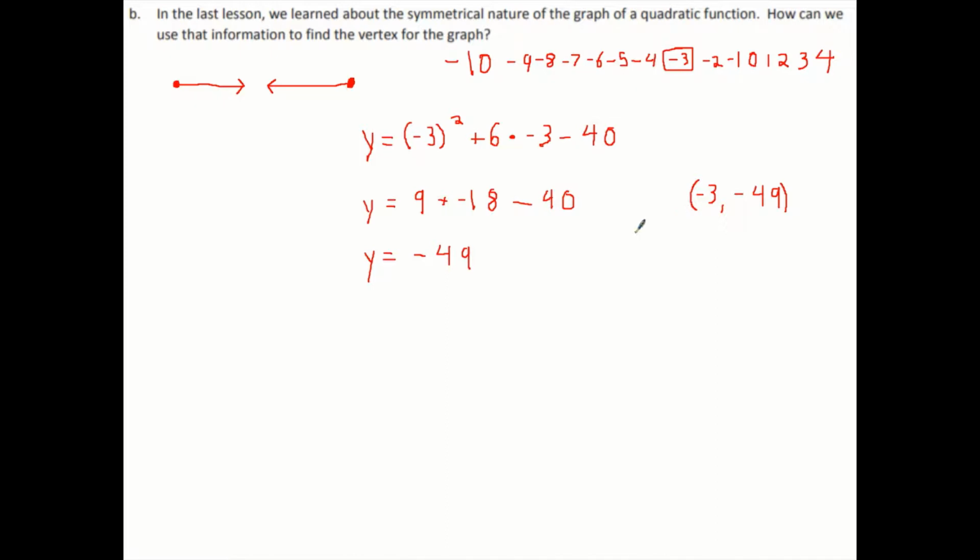Technically, once again, that's kind of all that we need, but we can go even further and get some more nice points for us. For example, part C is asking us how we are going to find our y-intercept, which is where our graph crosses the y-axis and where x is equal to 0. Well, they just told us x is going to be equal to 0.